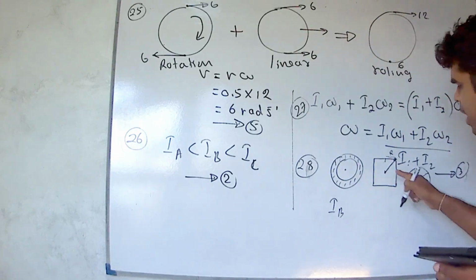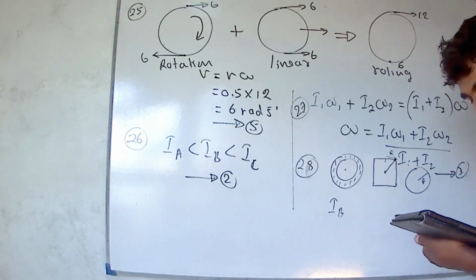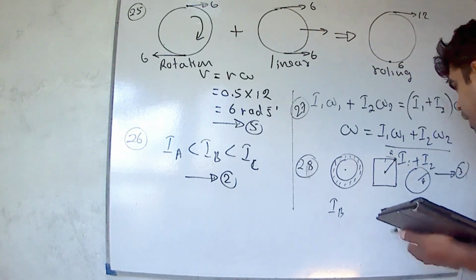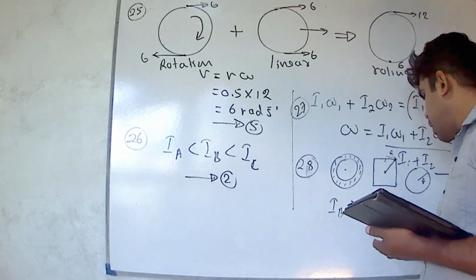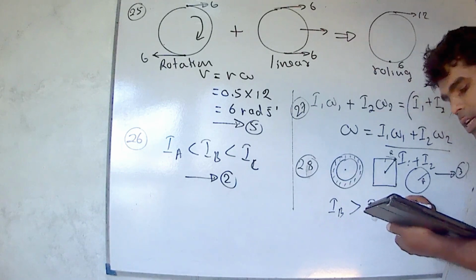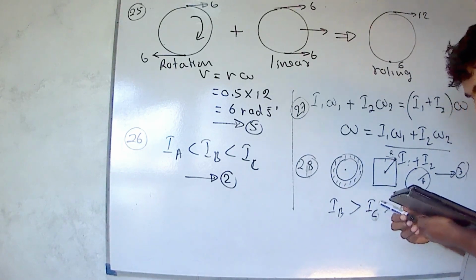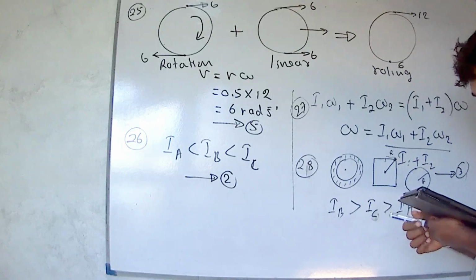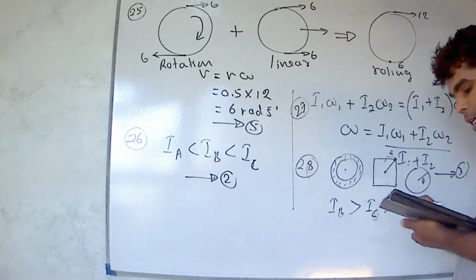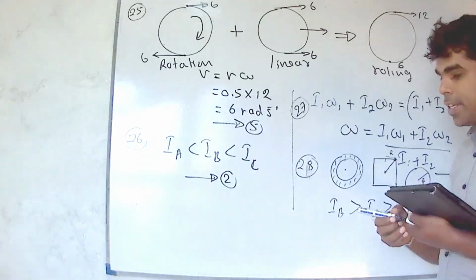Therefore, the mass spreadness is greater for C than A. Then the next I value should be IC and the minimum I value should be IA. Then we get the order IB, IC and IA. The answer is true for question number 28.